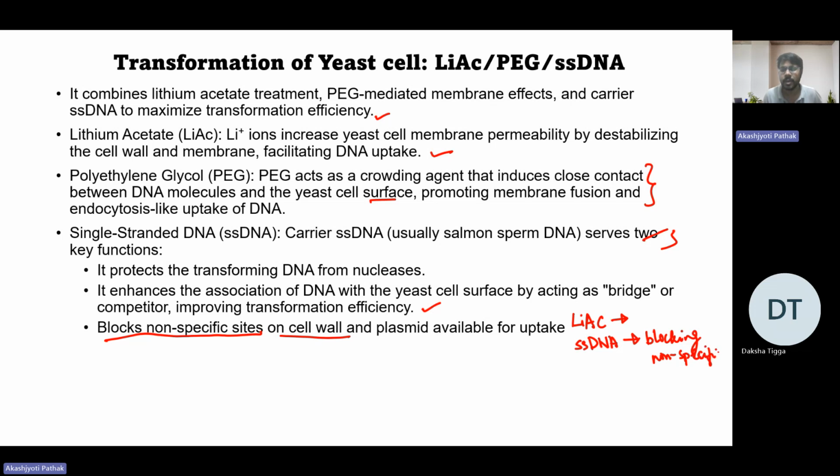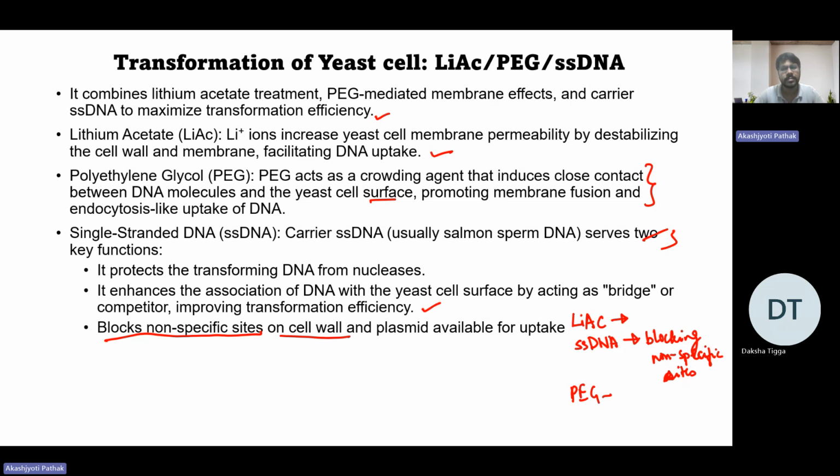And the last is your PEG. PEG is the crowding agent. This PEG is actually very viscous, and it is basically allowing the yeast cells to come in close contact with the foreign DNA so that it can be easily taken up.